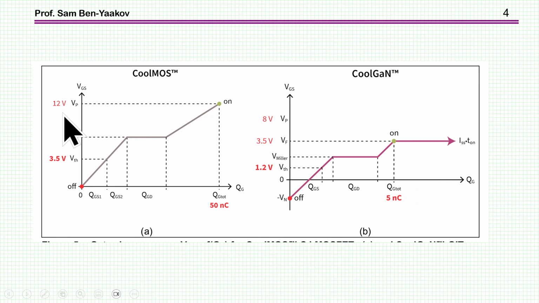We see that in the case of this GIT transistor, the amount of charge is smaller, 5 nanocoulomb up to this point, while here it's 50. And this is because, of course, the parasitic capacitances of this device are much smaller. This is the whole point, which makes it faster. So the charge is smaller.